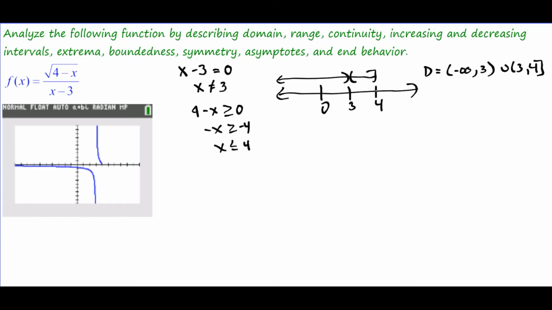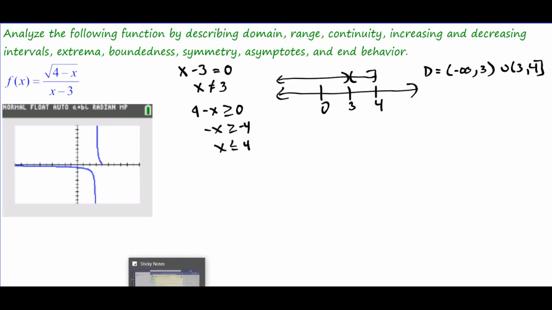We're including the 4, but not the 3. We could also see that from the graph. If we travel across this graph from the left, we're going to the left forever, hitting all of these x values until we get to where the asymptote would be at 3, and then on the other side of 3, we come down to 4.